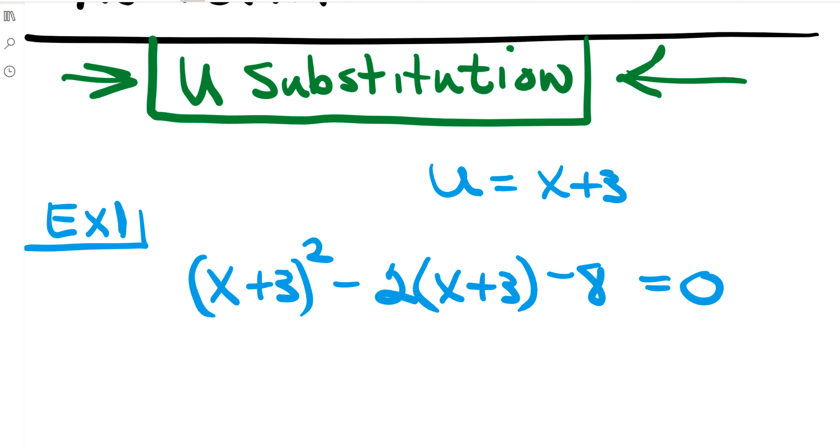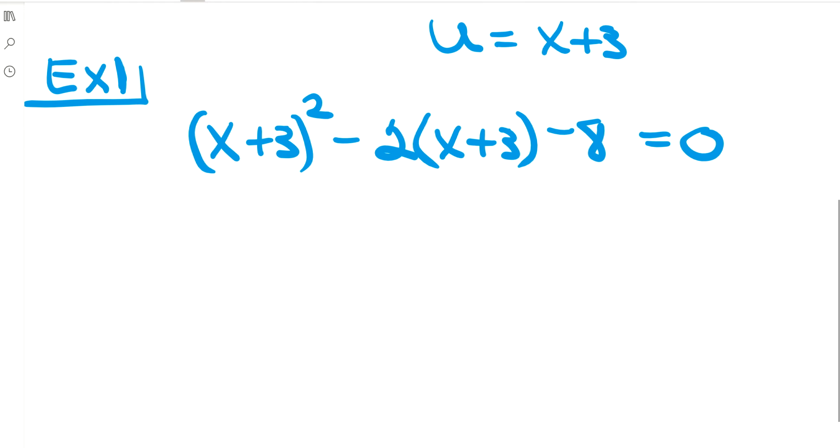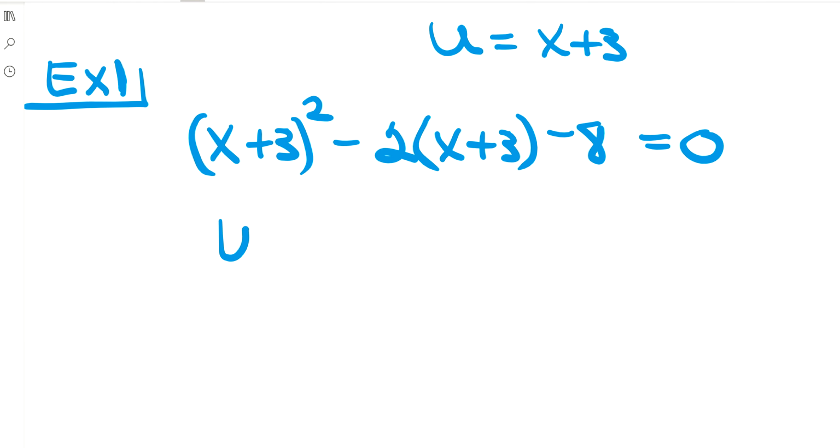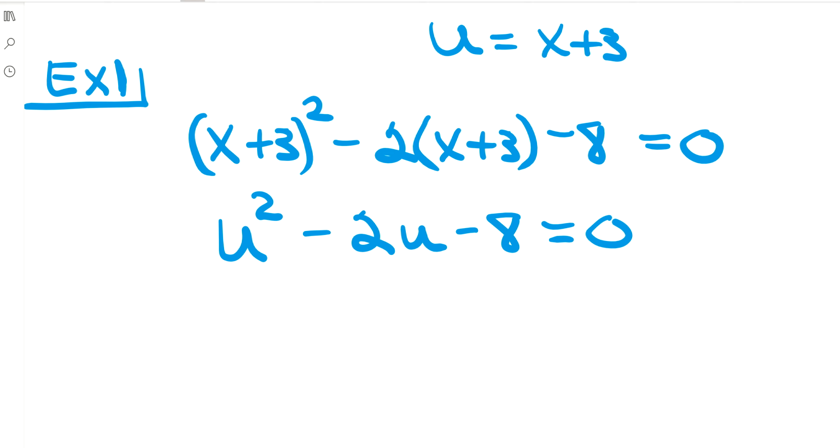Then I'm going to substitute u for every x plus 3. So when I rewrite this problem, it's going to be u squared minus 2u minus 8 equals 0.